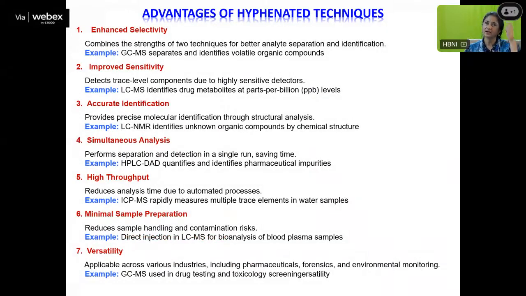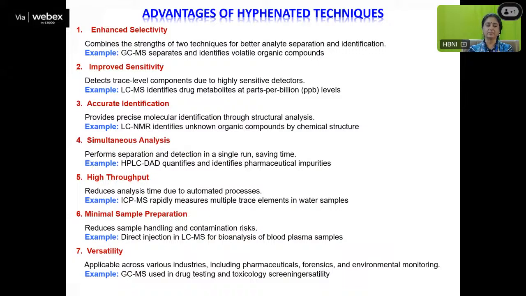Now, what are the advantages of these hyphenation techniques? To list them out, you can have enhanced selectivity, for example, GCMS separates and identifies various volatile organic compounds. You can have improved sensitivity, as it detects trace level components due to highly sensitive detectors. For example, LCMS identifies drug metabolites at parts per billion level.